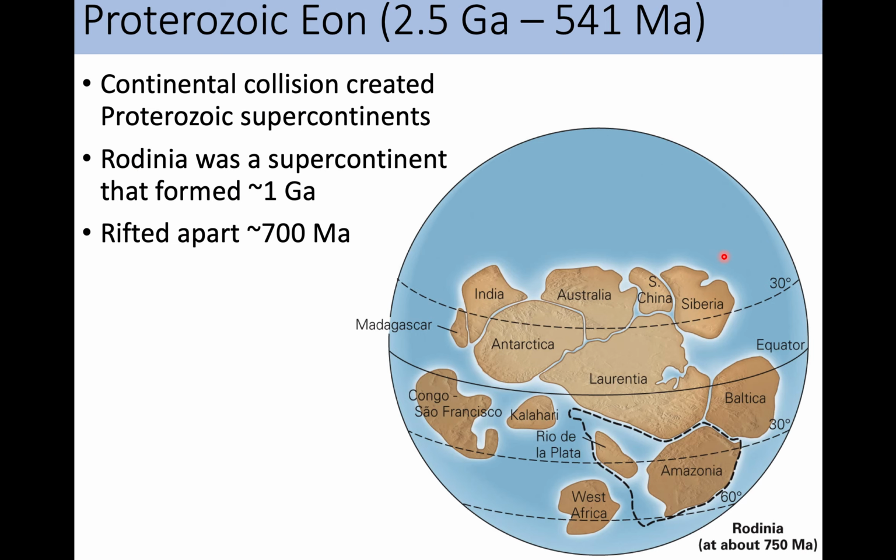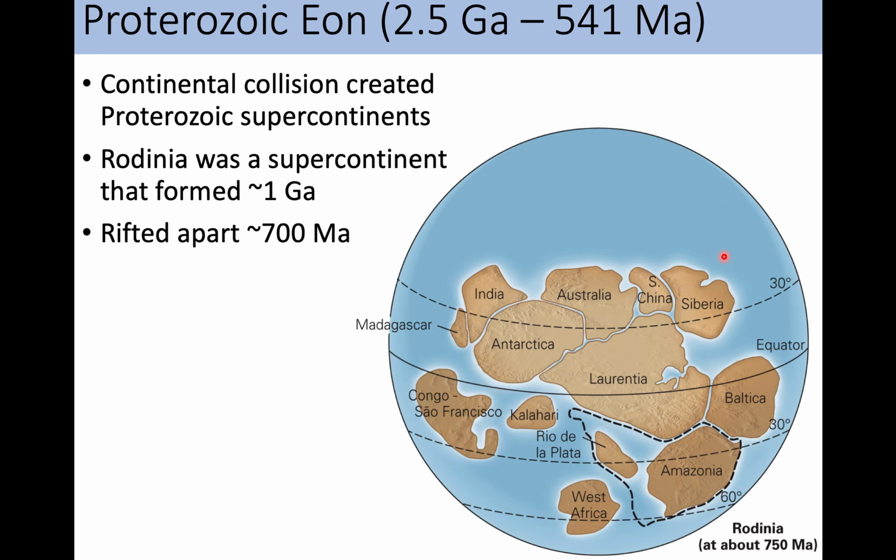So our first supercontinent was formed in this time period. You may have heard of Pangaea, but there were actually a few supercontinents before Pangaea. About 1 billion years ago, we had Rodinia. Through continental collisions, at this point we have large continents. We don't have any tiny pieces of felsic crust left.